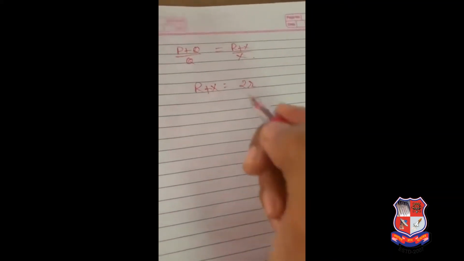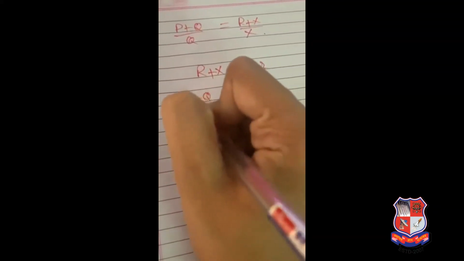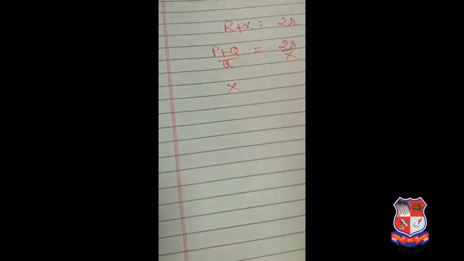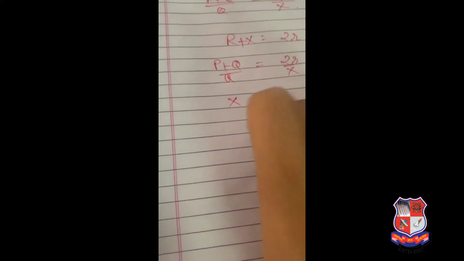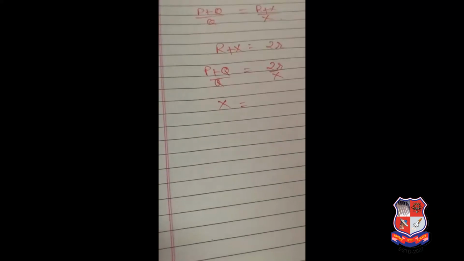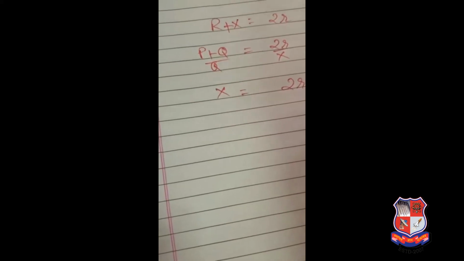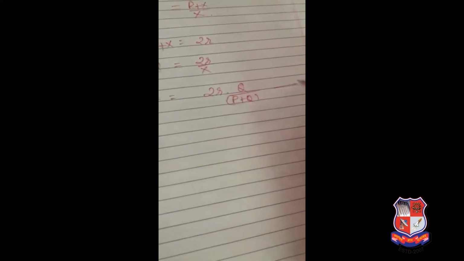Now, rewriting this equation, it will become P plus Q by Q is equal to 2r by X. Now, finding the value of X, making X the subject, the equation will become X is equal to 2r into Q divided by P plus Q. Consider this equation as equation 1.